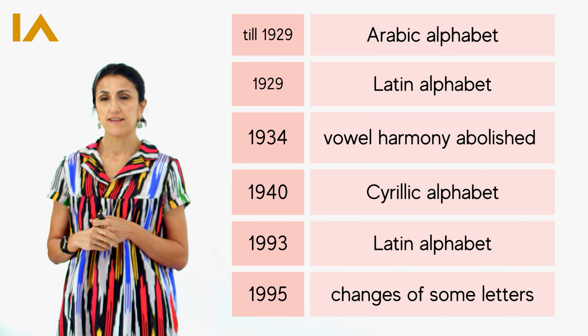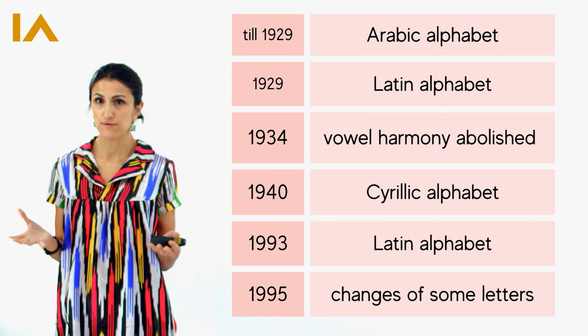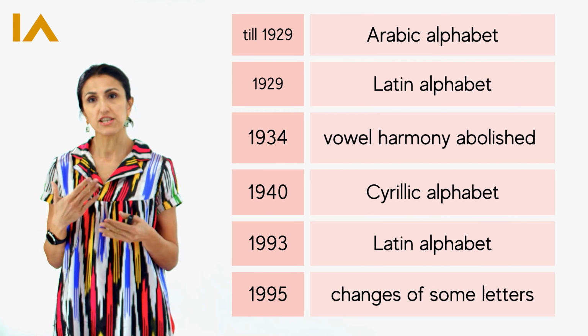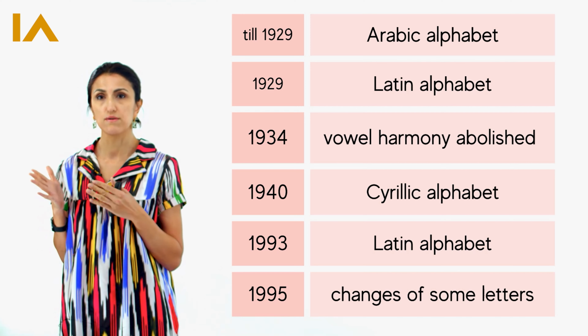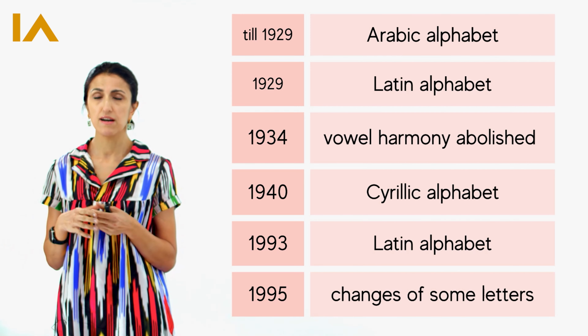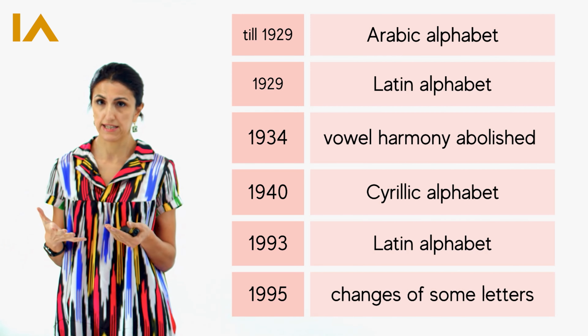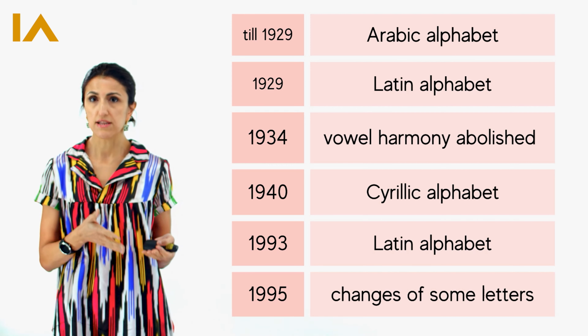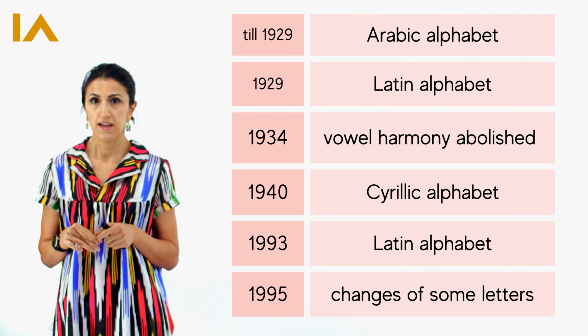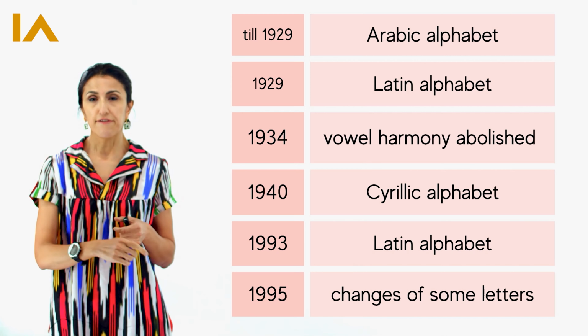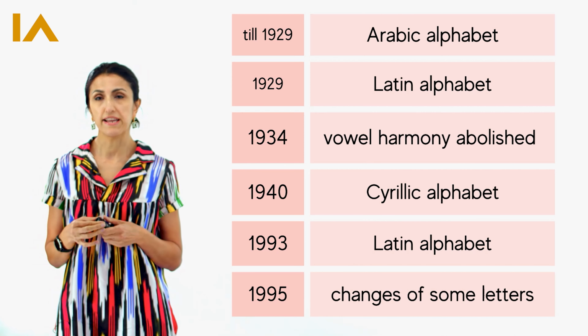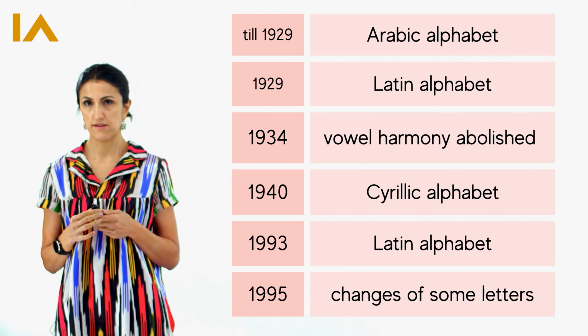Now we are at 2023 already, and we're still transitioning from Cyrillic to Latin. Latin has become more popular lately, but I should say Cyrillic still exists. And in 1995, some minor changes were made to specific letters.